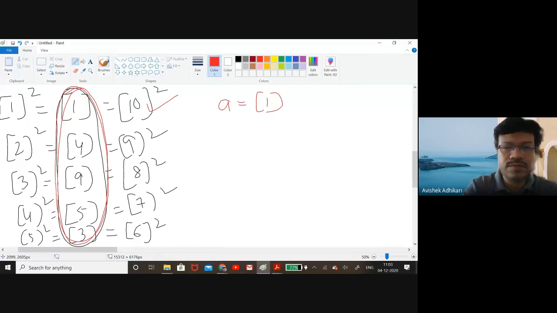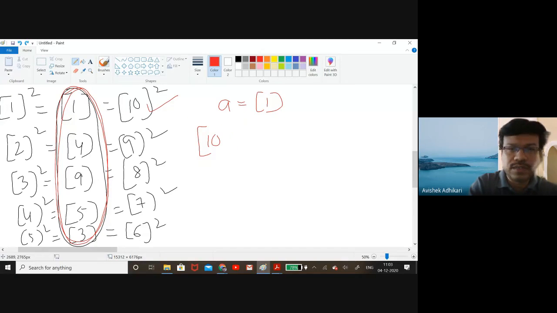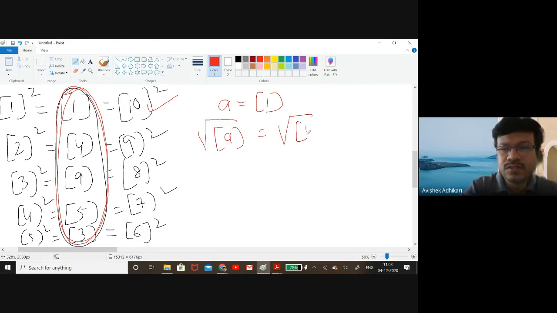If I just deviate the notation, if I misuse this, nobody writes in this way. So square root of class A: square root of class 1 means 1 square, and also 10 square, right?